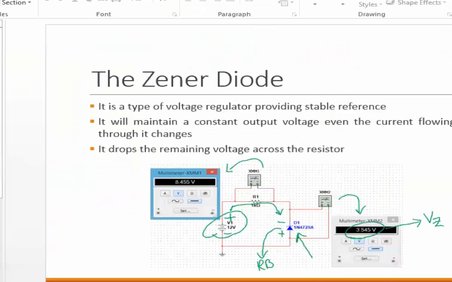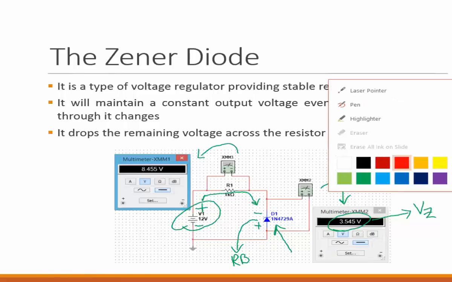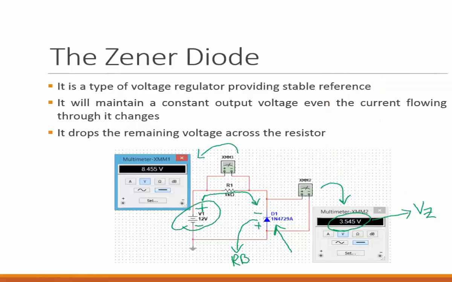So when you use a Zener diode, as you can see, now the Zener is connected in reverse bias, correct? So that means under reverse bias, the Zener is going to act as a regulator.